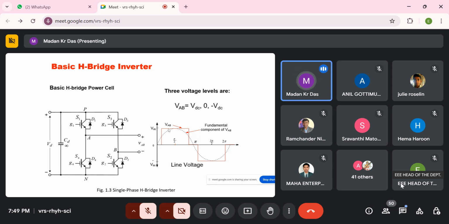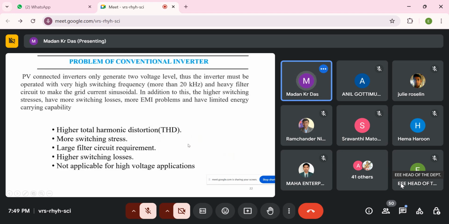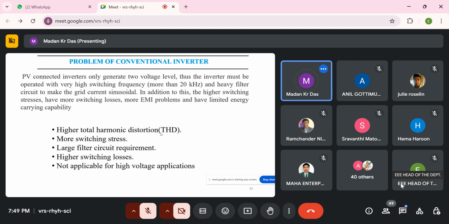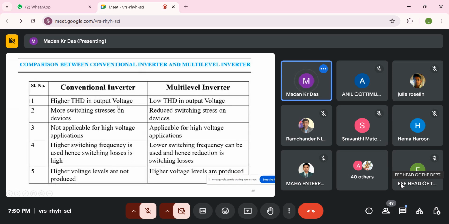In this inverter, the output VAB is plus VDC, 0, and minus VDC. So that is called a 3-level inverter. And some conventional multi-level inverters we will discuss later.